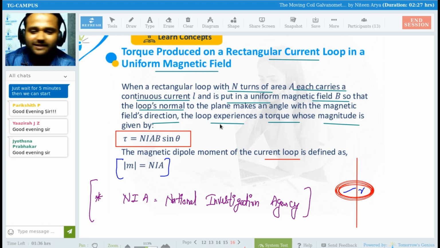Shakti is listening to something else. Are you listening? Shakti, beta, am I audible? Am I audible, Shakti? Yes, I'm talking to you. Am I audible? He's not responding. Shakti, am I audible, beta? Speak up.